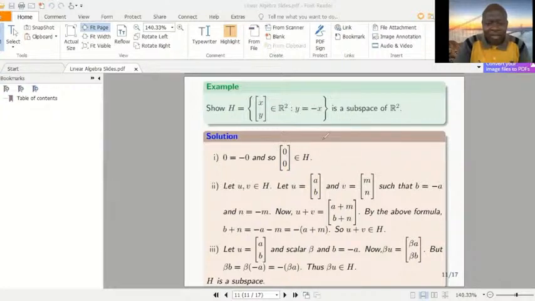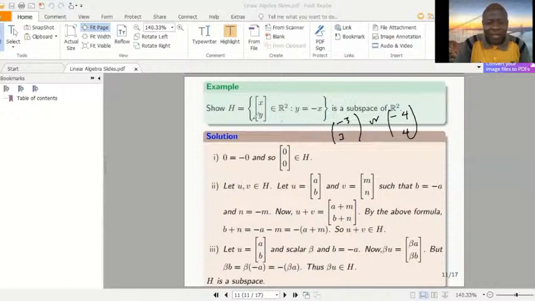So in fact, let me just tell you that we'll be having elements like, if y is 3, then this will be negative 3, or if this is negative 4, then this will be positive 4, and so on. So these are the kind of elements we are having, that the second element and the first element are equal but different in sign.